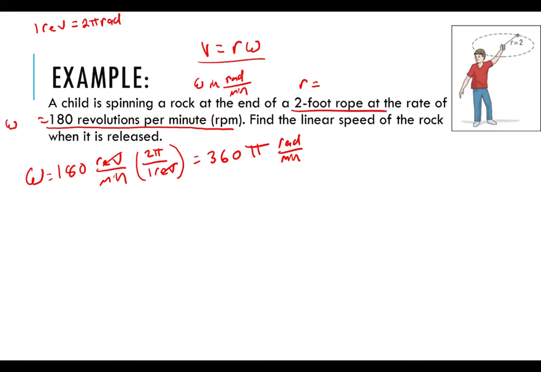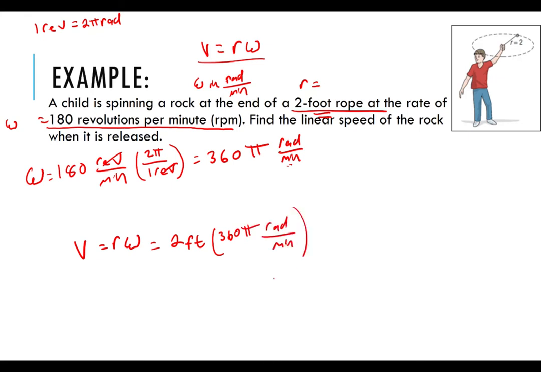Now we're okay. If I want to find the linear speed, at this point I can say v is equal to r omega, and v is just going to take on the same unit as r does, which is feet, and the time unit will be minutes. So that's 2 feet times 360 pi radians per minute.